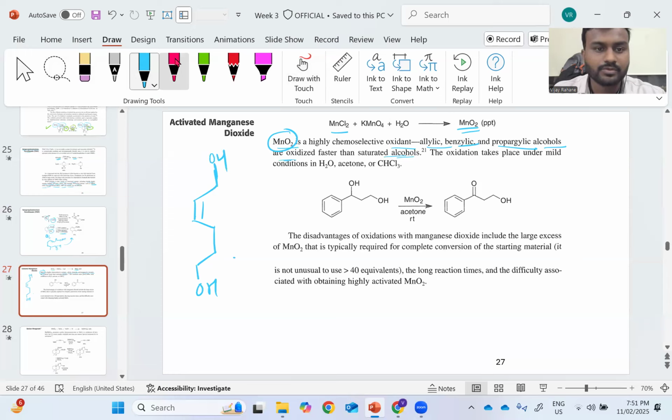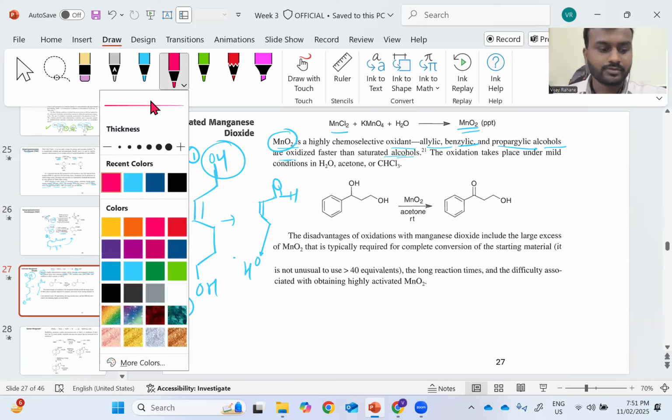So we have two hydroxy groups, this is one and this is two. If you want to selectively oxidize only one of these groups, that is hydroxy group number one, we can use this MnO2 based oxidation, and it will selectively oxidize only this functional group. This alcohol is converted into this aldehyde, not this alcohol. So you can use this MnO2.